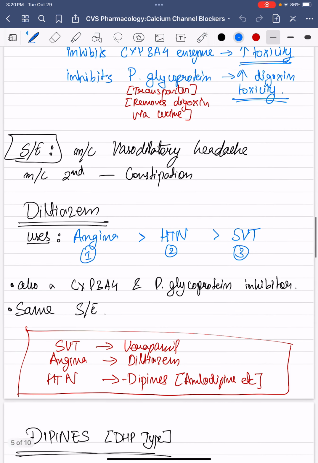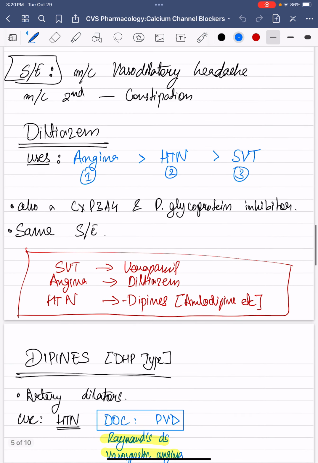The three uses of both non-DHP type drugs are the same, but supraventricular tachycardia is first for verapamil. Verapamil is the first choice in SVT, then angina, then hypertension, where it is least preferred. But diltiazem is the most preferred in angina and the least preferred in supraventricular tachycardia.